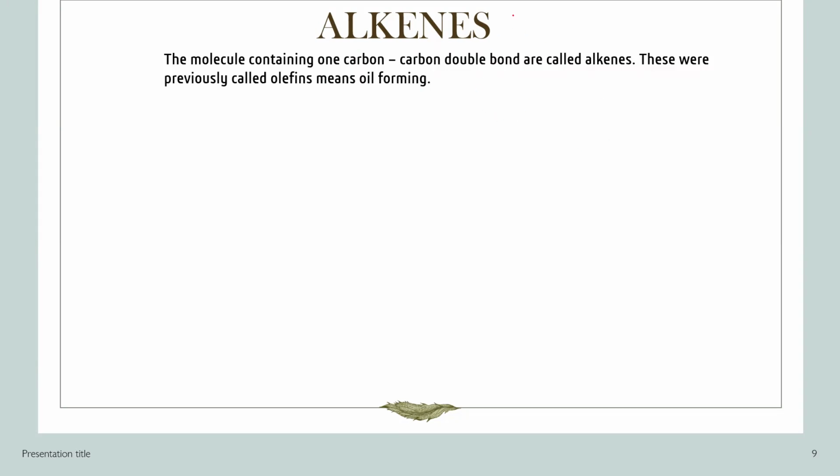Okay. So here, as I told you yesterday also, we have prefix and suffix. So here we have suffix as "-ene", meaning they end with "-ene", and prefix could be meth, eth, prop, etc. Okay, so let us try to make the first member.